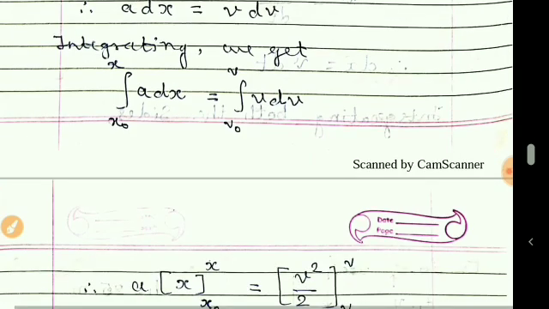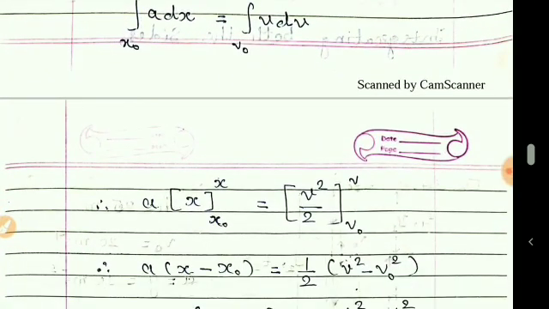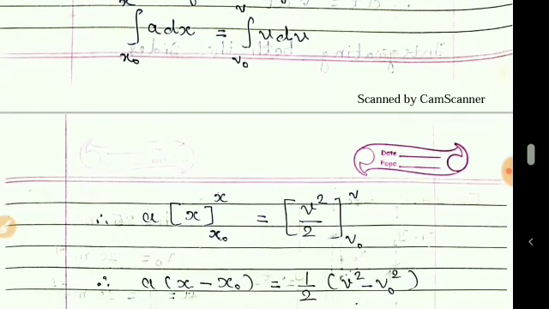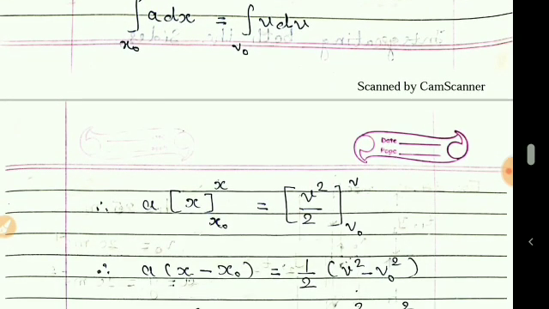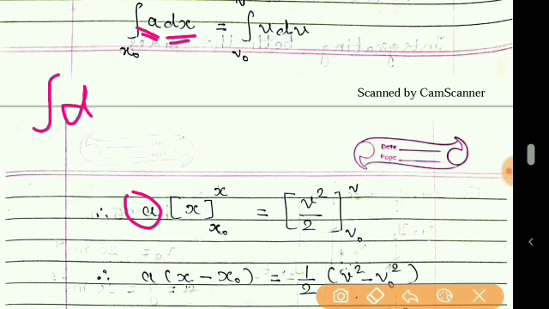Next is to integrate it. Now using the formula for integration, we know that a is a constant. So as this a is constant, we have taken it out. What remains inside? Only integration of dx, and integration of dx is x, with lower limit and upper limit as usual. Now it is v dv.